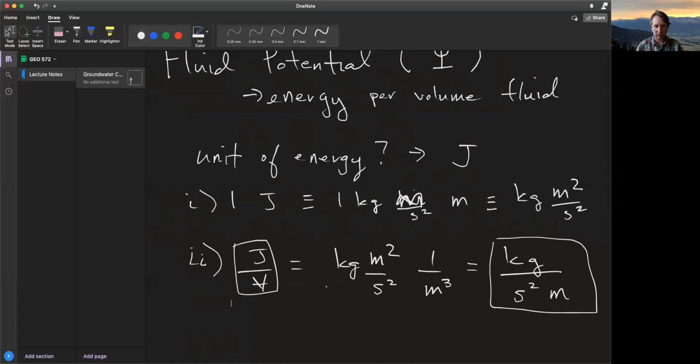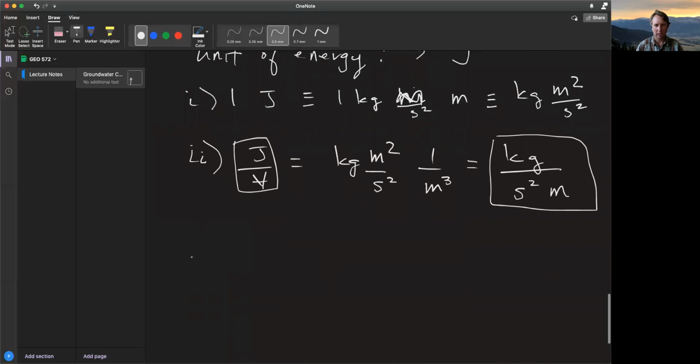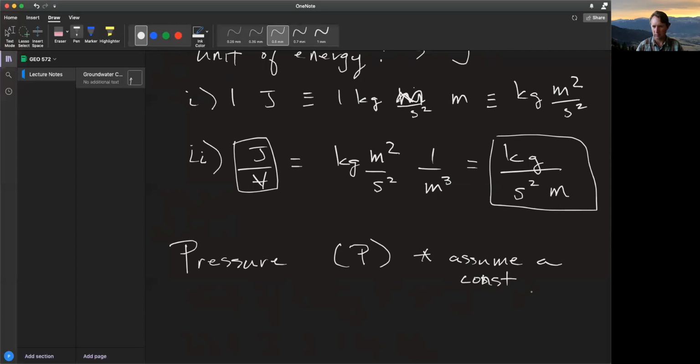So let's look at some of our potential types of fluid energy, and let's start off with pressure. All right, I think we can all agree that pressure is something that drives fluid flow. All right, and we're going to do something here that's important. We're going to assume a constant density.